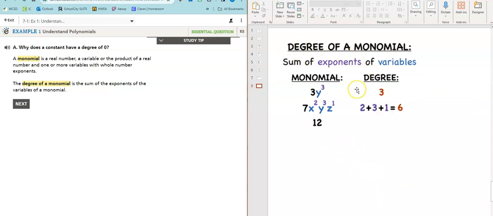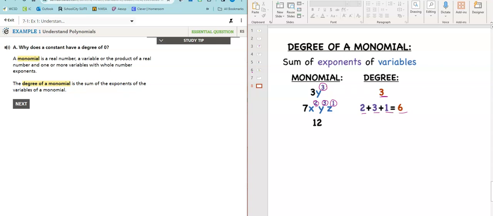It's basically the sum of the exponents of the variables, and remember these are whole number exponents. Here I have one exponent, which is a 3, so the degree of my monomial is 3. Over here, I have 3 exponents, 2, 3, and 1, and if I add each of those together, I get a degree of 6.